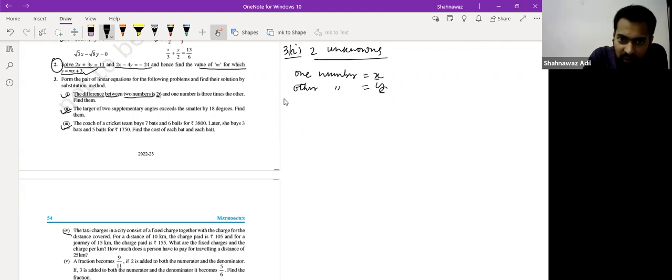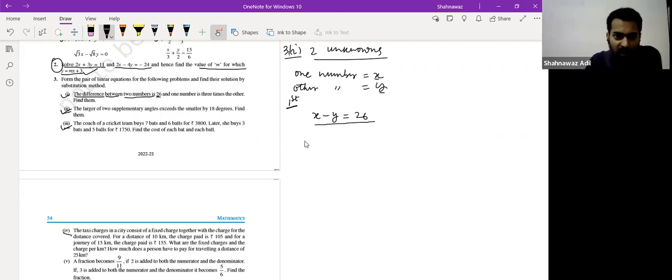First information: the numbers are x and y, and the difference will be what? It is 26. So we have to write the equation: x minus y, the difference, is 26. I understood, Adil.